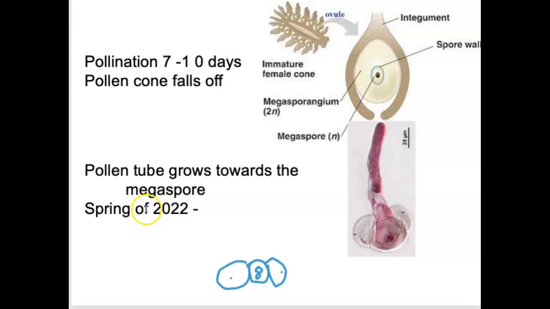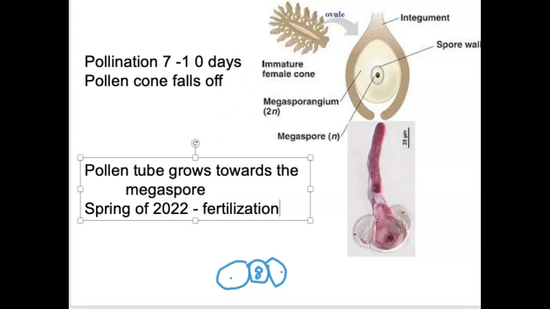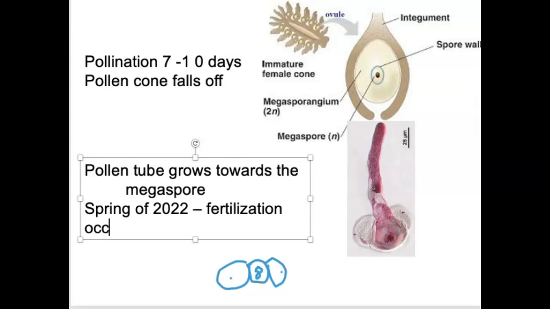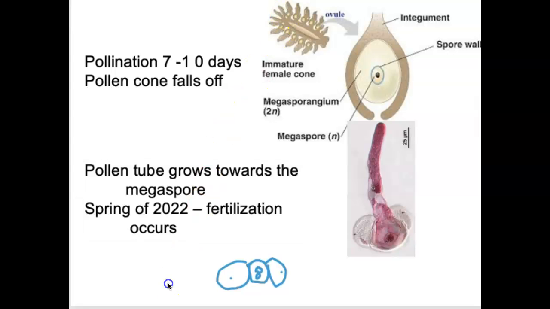So then in the spring of 22 is when fertilization occurs. So you got your pollen there, but it took a full year to get the sperm to finally swim down to the egg, or to move down to the egg, to then possibly fertilize. So the female cone stays on the tree. Okay, spring of 22. All the male cones fell off last year.